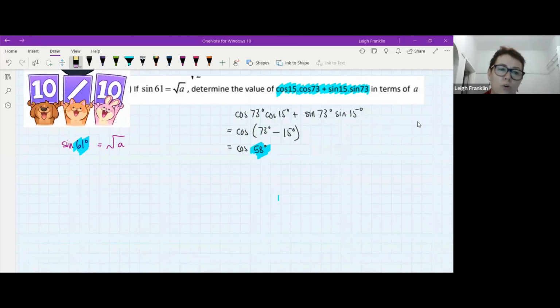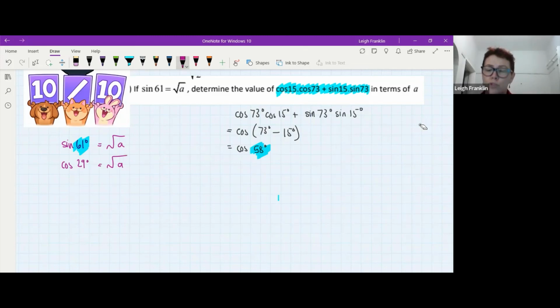Because you already know that the sine of 61 is equal to root a, what you can do is rewrite the sine of 61 as the cos of 29. Does that make sense? Remember, we were talking about it at the start of these lessons, and you can never forget this.